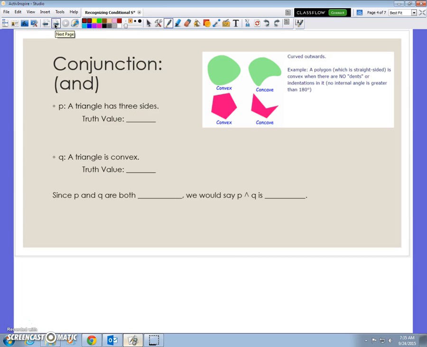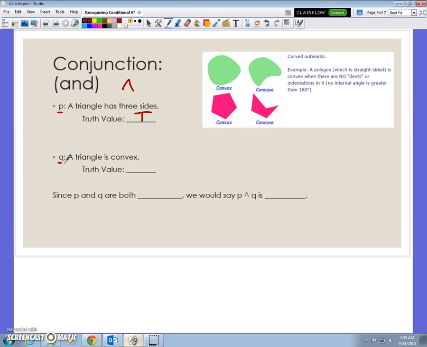The conjunction and. If you want to write a little symbol up there, that's the and sign right there. So the triangle has three sides. We know this is true. Its negation would be a triangle does not have three sides, but we're not going to talk about that right now. So the first statement, p, is this one. The second statement, q, says a triangle is convex. Is that true? Here's a little reminder if you forget what convex means.